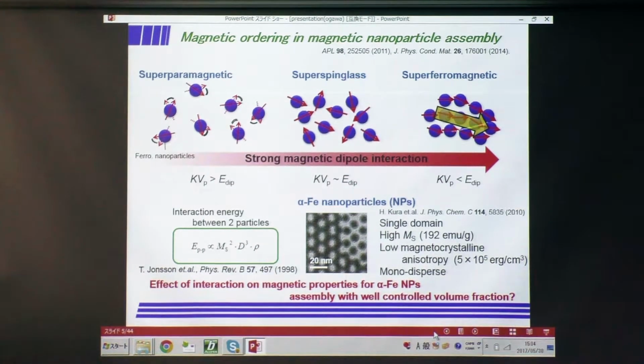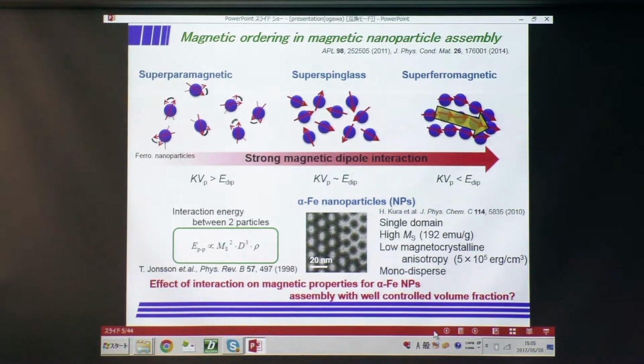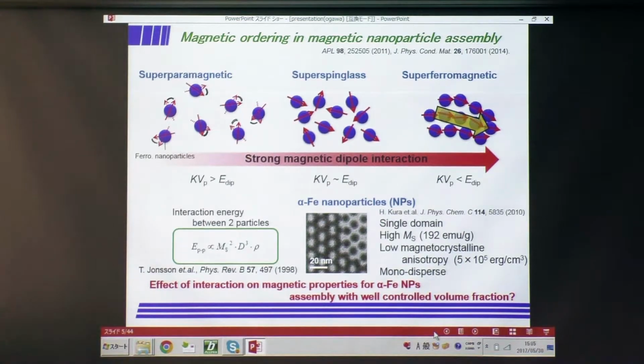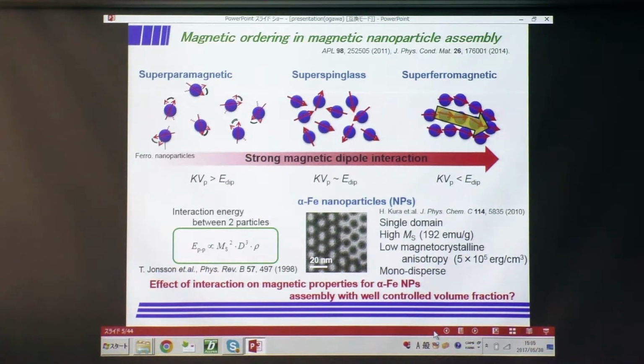In these cases, dipole interaction field energy is comparable to or more than the magnetic anisotropy energy. And we have to investigate the effect of this kind of interaction on the magnetic property of the alpha-iron nanoparticle assembly with well-controllable volume fraction.